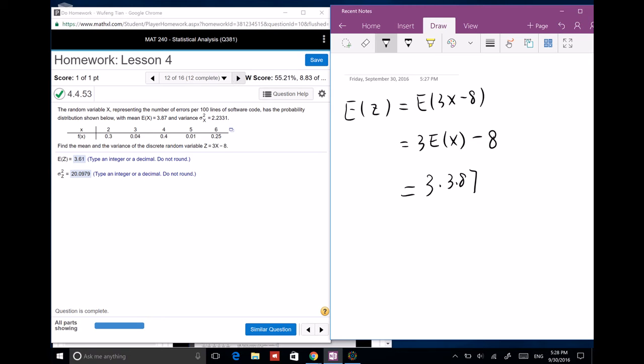Okay, 3 times x is given, and minus 8, and which is multiplication equals 3.61. This is easy. Okay, the variance of z, since the negative 8 is a constant, there is no variance.